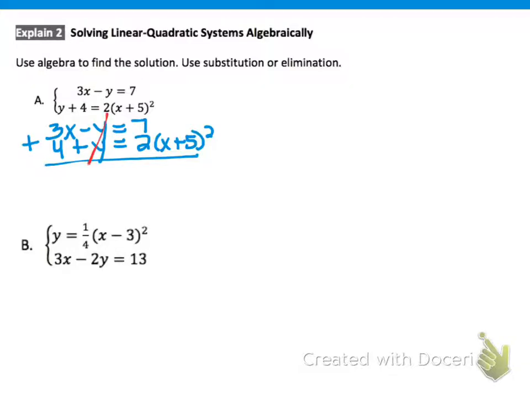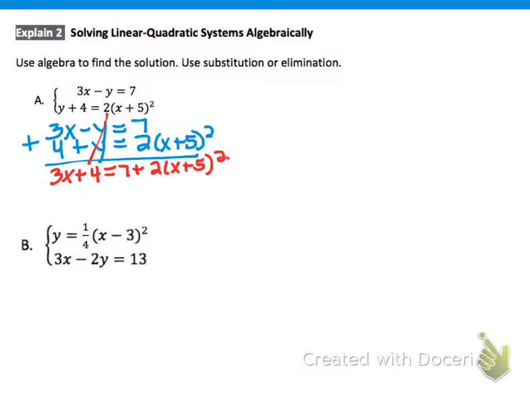So those go. And what I'm left with is 3x plus 4 over here, and on this side, I have the 2 that has to be multiplied by (x plus 5) squared, and then the plus 7. So I have 7 plus 2 times (x plus 5) squared.